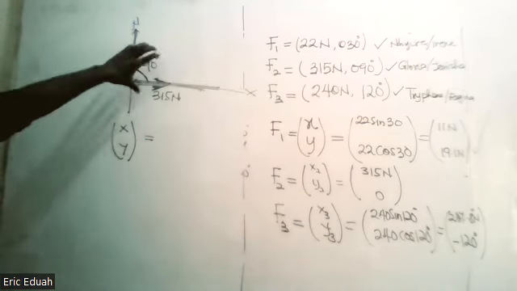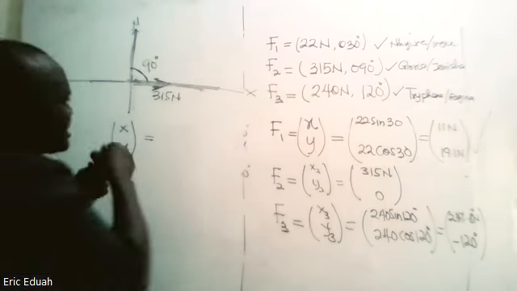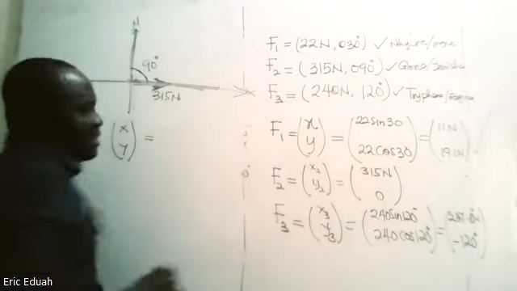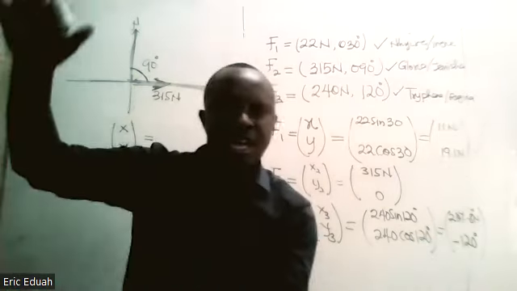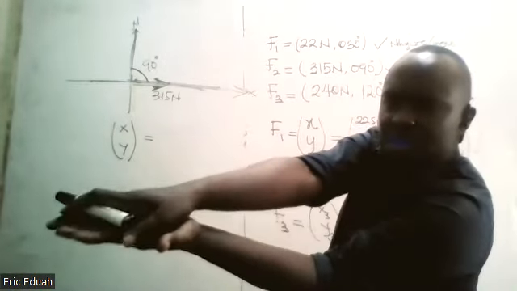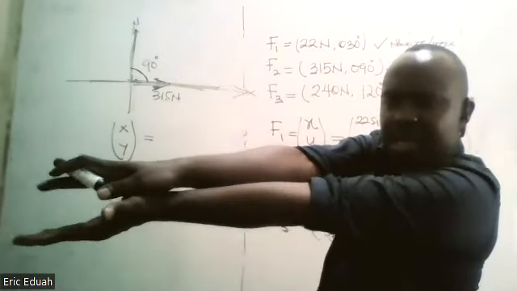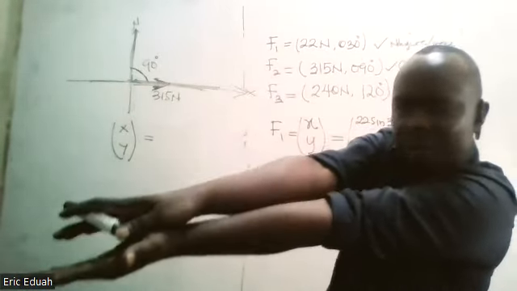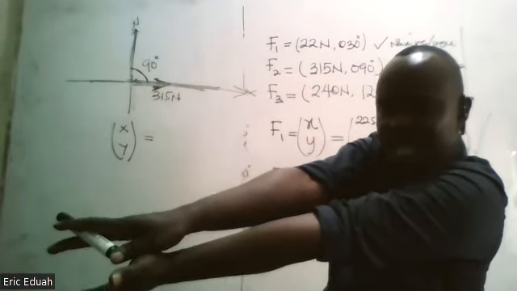What angle does the force make with the x-axis? This is the x-axis. If a vector lies on another vector, what angle does it make with the other vector?